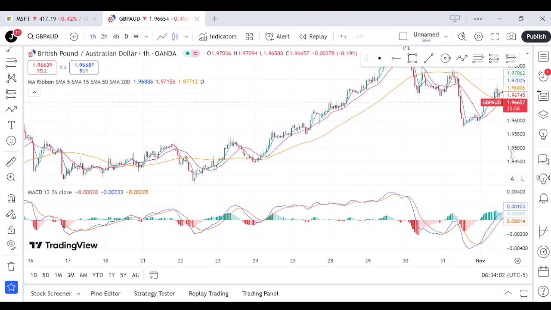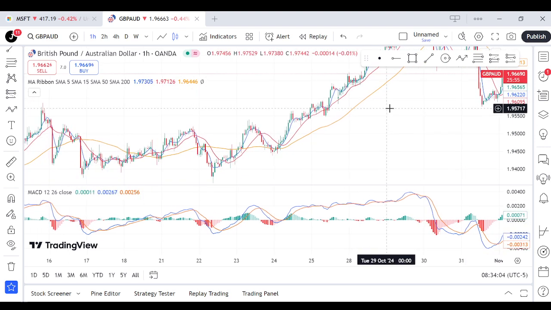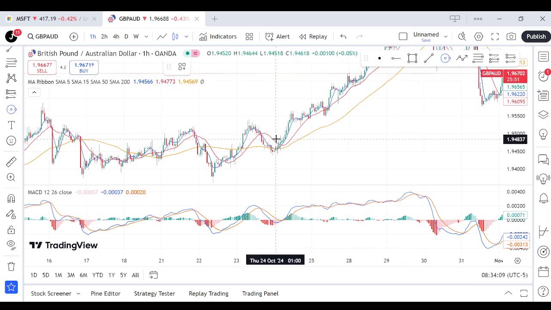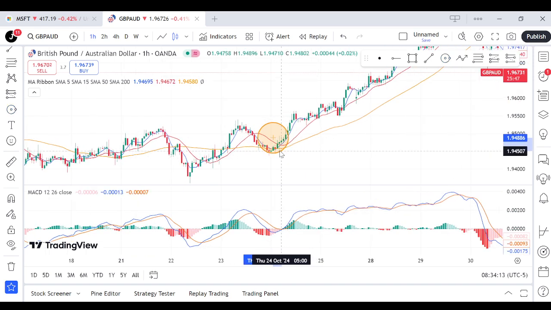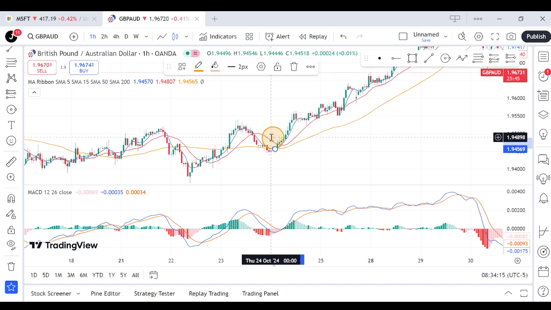So if you're looking at this, you can see that both the 5 and the 15 moving average are above the 50 moving average here, and we have a cross from the 5 moving average going above the 15 moving average right here, and both of them are above the 50 moving average.